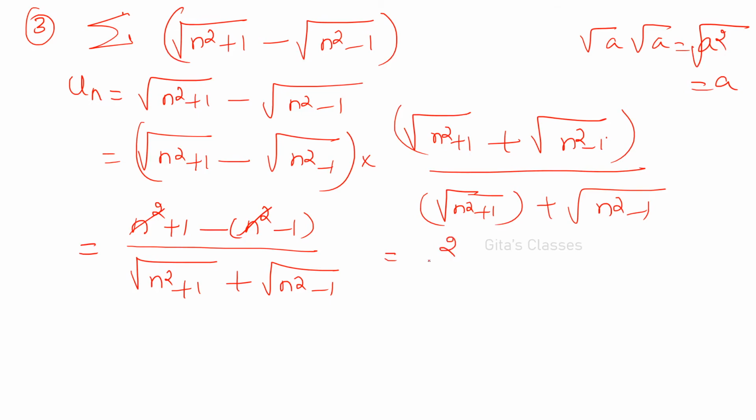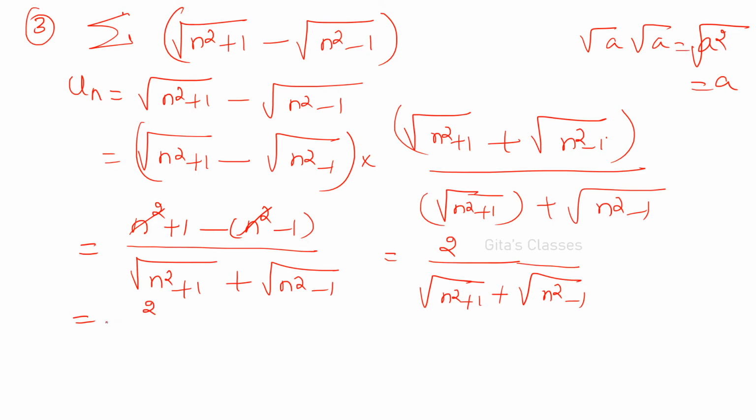Therefore this is 2 divided by root of n squared plus 1 plus root of n squared minus 1. I want power n to the power outside. The maximum power of n in the denominator should be written outside. Now what can I do? From this term I can take one n squared outside. When it is coming out of the square root, it will become n. Similarly, in the second term also n squared is there.